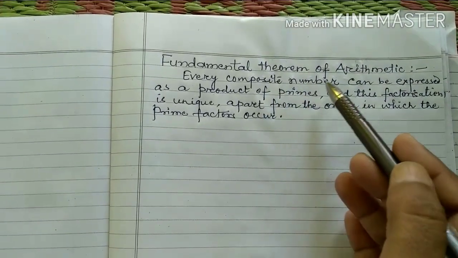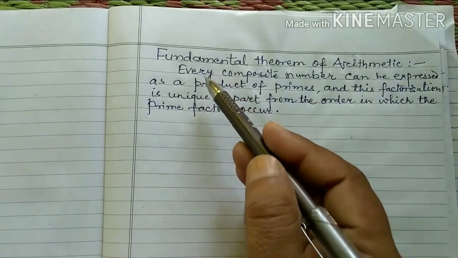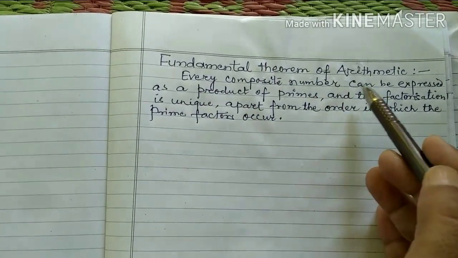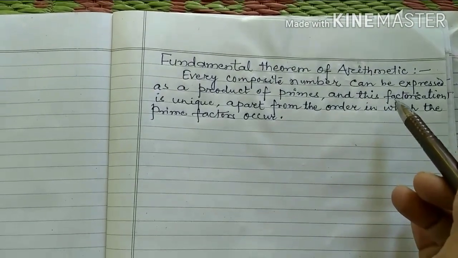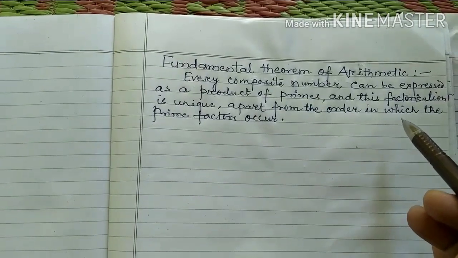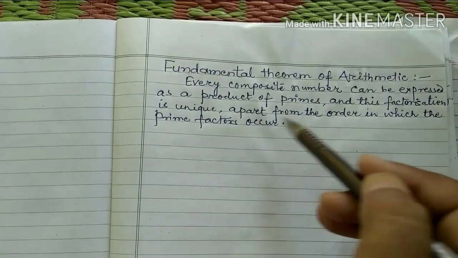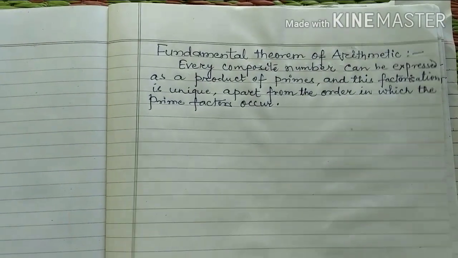Today we will see the fundamental theorem of arithmetic, which says that every composite number can be expressed as a product of primes, and this factorization is unique apart from the order in which the prime factors occur. What does it mean?